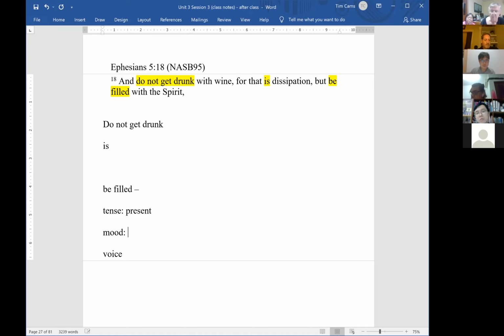Yes, it's a command. Good. And then how about the voice? Voice, I think, is passive. It's passive. And why do you say that? What shows us it's passive? Because the subject didn't do anything. Yeah, notice that word be. Be filled. In English, that word be, when it's connected to another verb, is often indicating a passive voice.